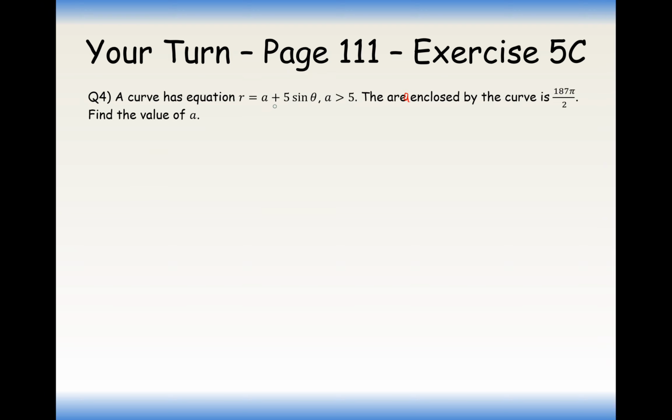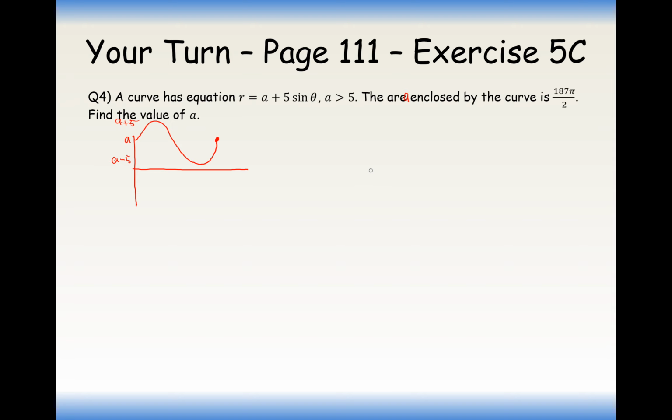Now, if we have a plus 5 sine theta, then the Cartesian curve of this graph here, if a is strictly bigger than 5, will start at that value a, go up by 5, down by 5, and then end back at a again. And given that we're going down by 5 but a is bigger than 5, we won't go over the x-axis, so nothing complicated will appear here. So it'll be a minus 5 up to a plus 5.